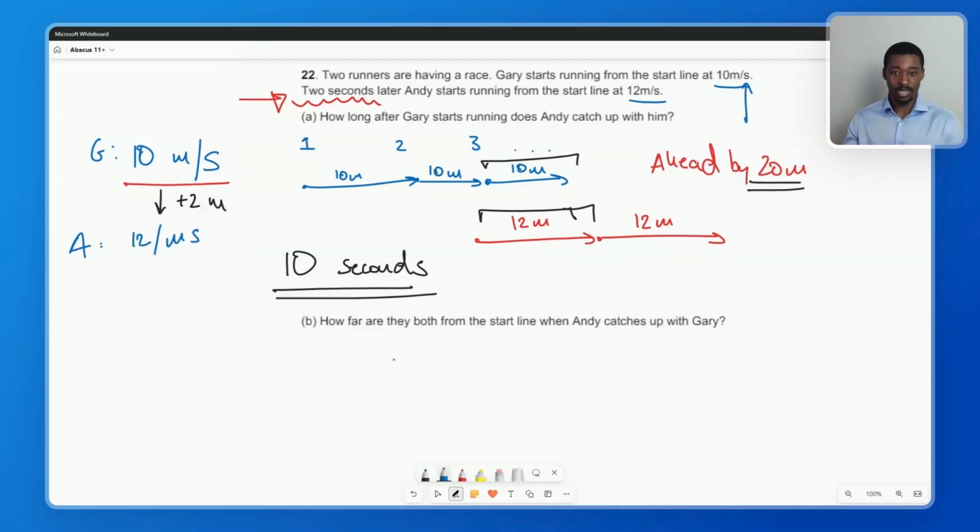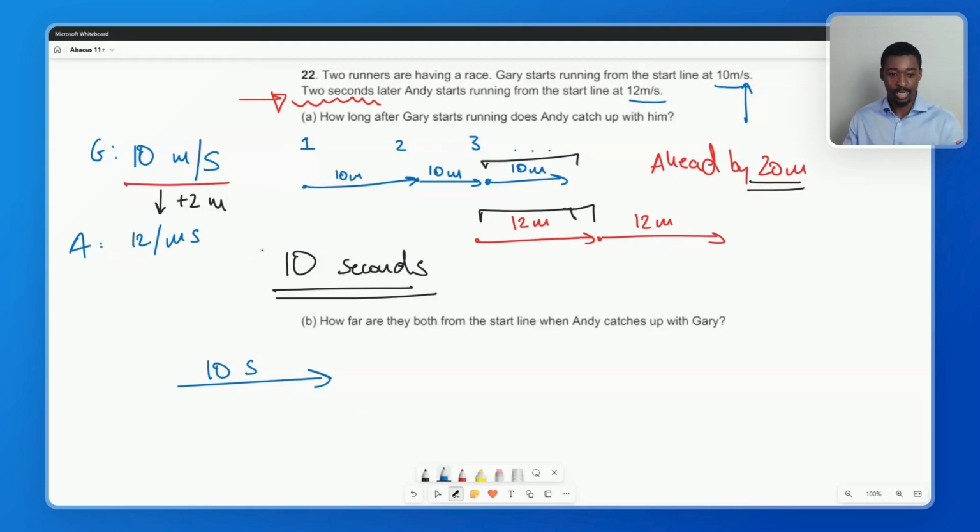Okay, so now for part B, this should be pretty simple if we understood everything that was going on in part A. We have to work out how far they both are from the start line when Andy catches up with Gary. Now we know that once Andy starts moving, it takes 10 seconds before he catches up with Gary.